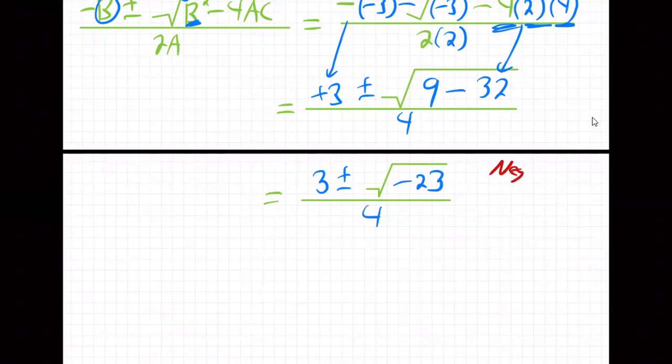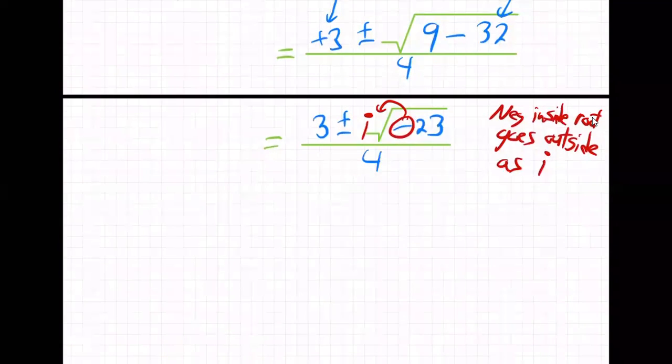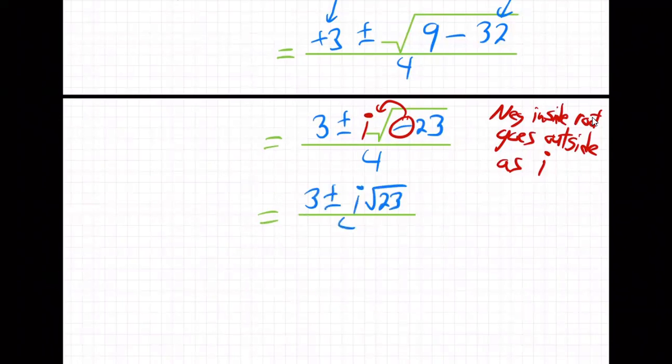So negative inside of a root goes outside as i. You grab that negative, move it out, and put an i right in front of the root. It's not real. You can't take the square root of a negative number. So we're going to get imaginary answers here. So we're going to have 3 plus or minus i square root 23 over 4.